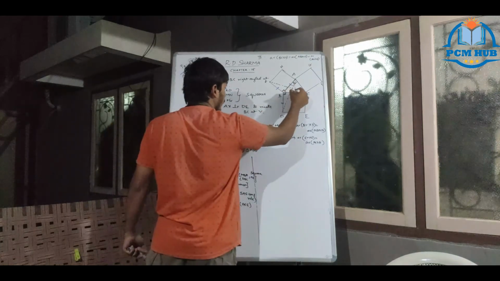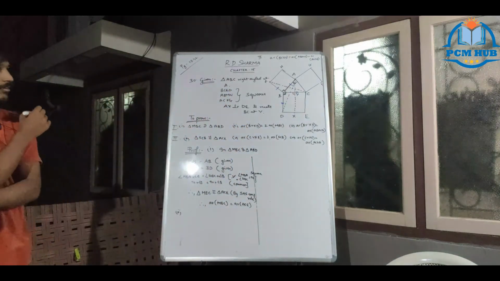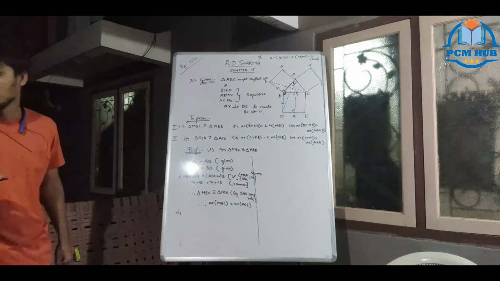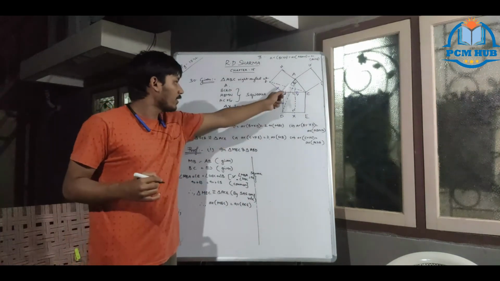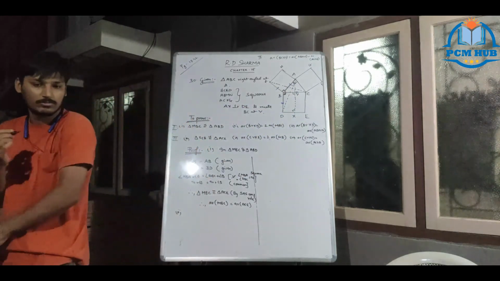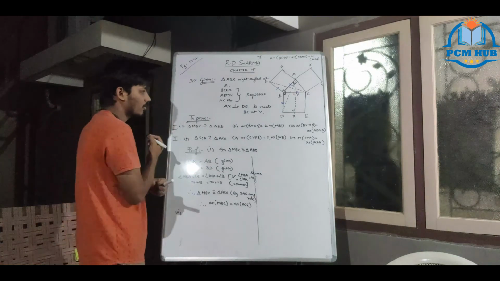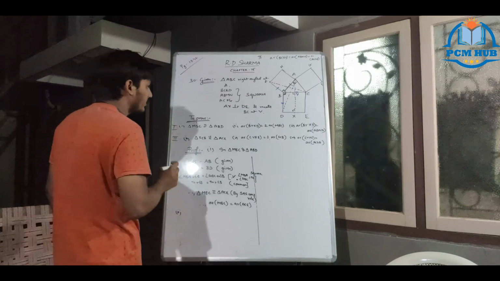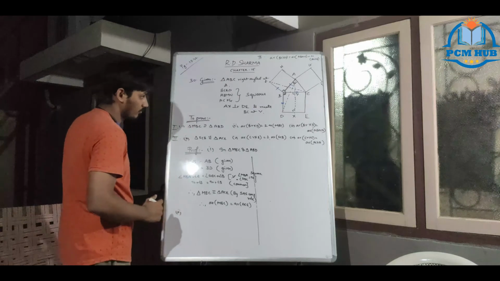This is also 90 degrees, obviously, because it is given in the question that AX is perpendicular to DE. So BYXD is a rectangle.